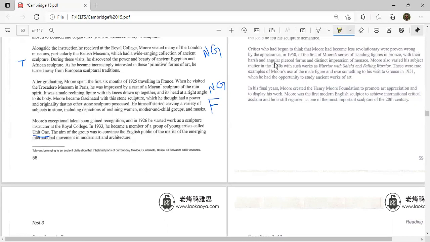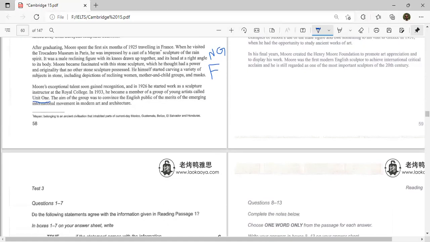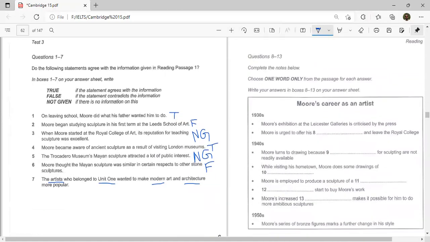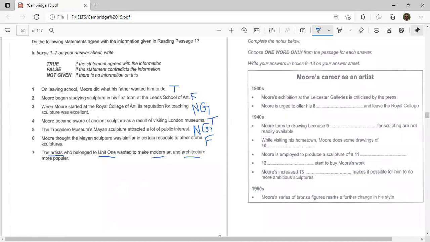Can I see the question again? The artist who belonged to Unit 1 wanted to make modern art and architecture more popular. More popular. Can we see the passage again?